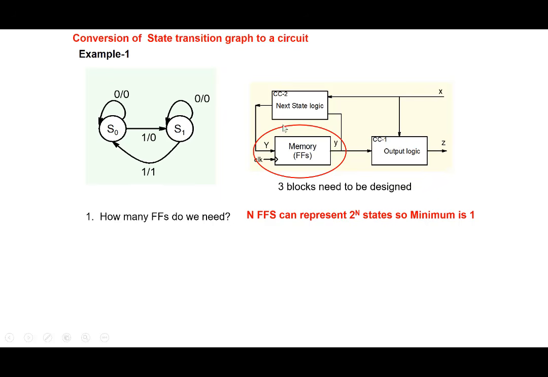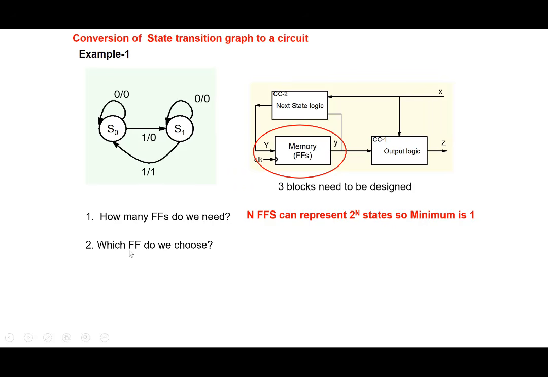Many times, if we choose the minimum number of flip-flops, at least in simple cases, the memory may be the most complex block, and the next state logic and output logic may not be that complex here. So your goal is to minimize the number of memory elements, and therefore we choose the minimum number of flip-flops. So in this case, because we have 2 states, we need 1 flip-flop.